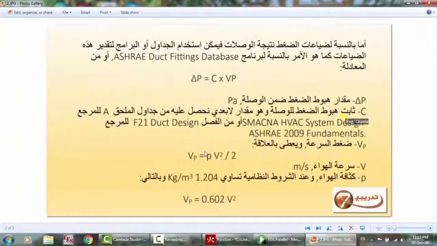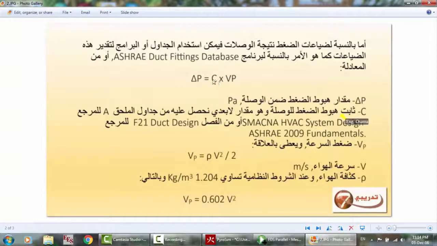From the software program, the HVAC duct fittings database, or from this equation: delta P equals the constant times VP. Here delta P is the static pressure drop in pascals, and C is the constant according to your case.